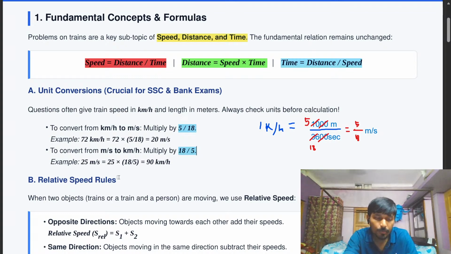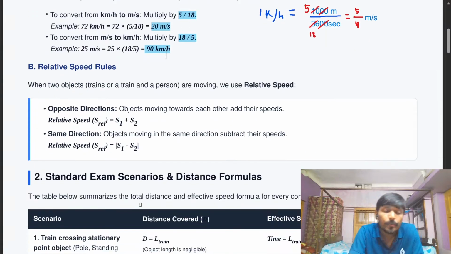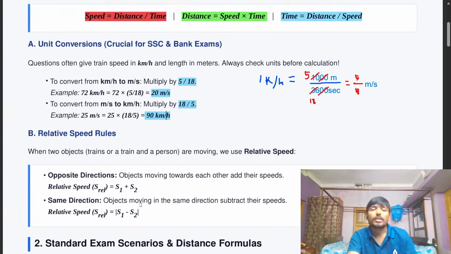Here's the example: 72 kilometer per hour equals 72 into 5 by 18 meter per second, that means 20 meter per second. And 25 meter per second equals 25 into 18 by 5 kilometer per hour, that means 90 kilometer per hour. This is the conversion formula.